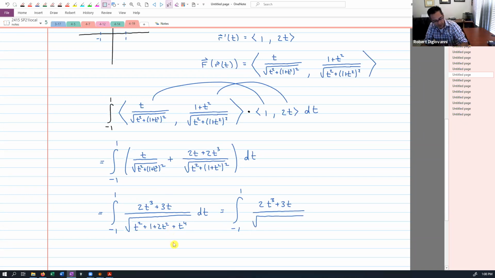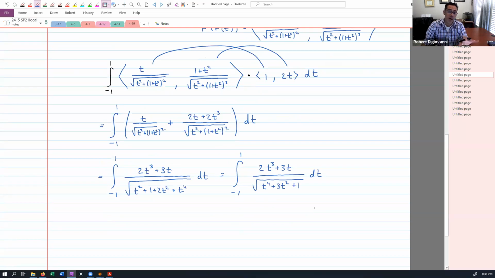So my denominator is t to the 4th plus 3t squared plus 1, dt. And now this problem was made very special so that it would work, otherwise we get stuck on the integration step. I believe we can integrate this if we make a basic U substitution, t to the 4th plus 3t squared plus 1, because the derivative of that is 4t cubed plus 6t dt.